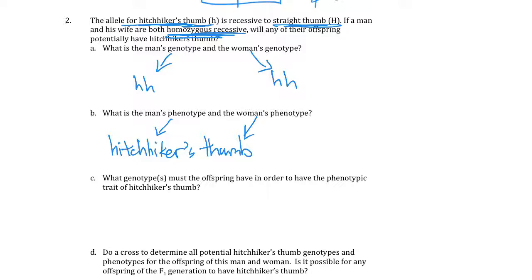Well, the genotype of the offspring must be homozygous recessive in order to have hitchhiker's thumb. So to get that phenotype, their genotype must be small h, small h, or homozygous recessive. There's no other way, because if they had the straight thumb allele anywhere, they would be straight thumb, because that's a dominant allele.